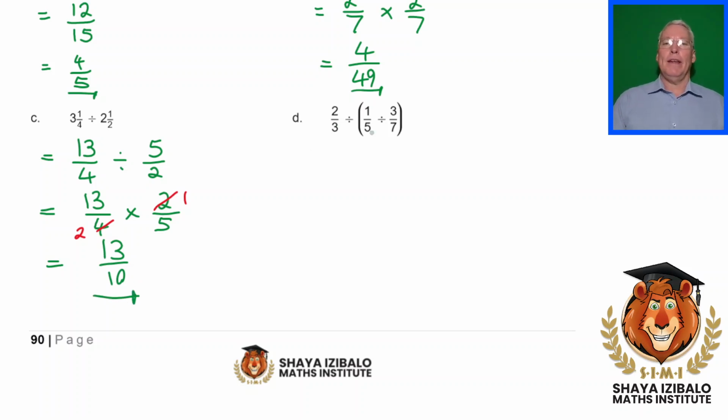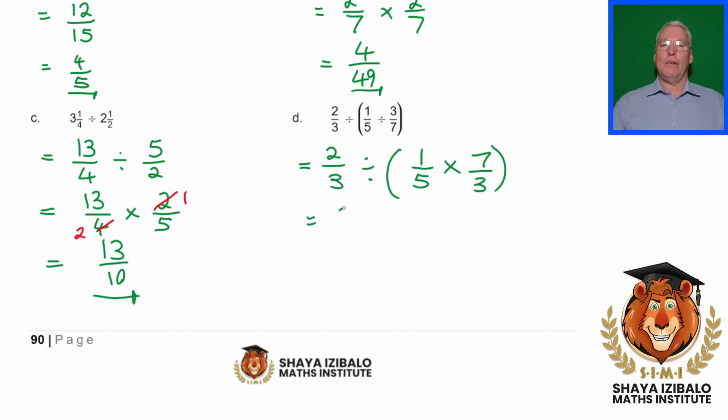Okay. This one here has some brackets. Remember, we need to do brackets first, our order of operations. So we're going to leave this exactly like that, and we're just going to work out what's happening inside the brackets. That's 1/5, and instead of divided by 3/7, I'm going to multiply by 7 over 3. We get 7/15.